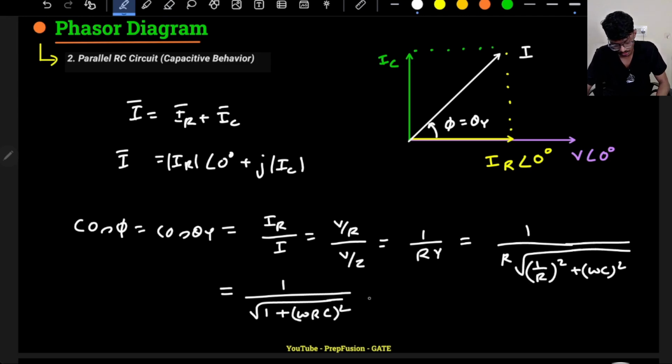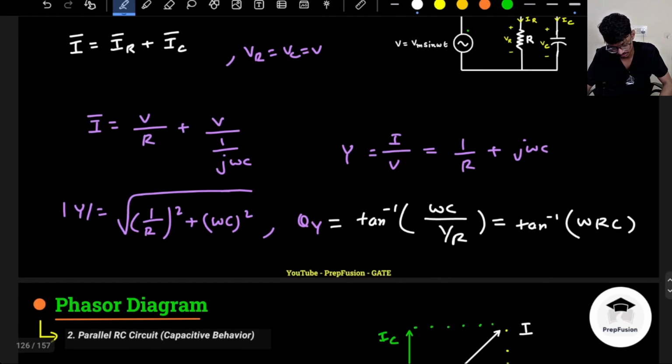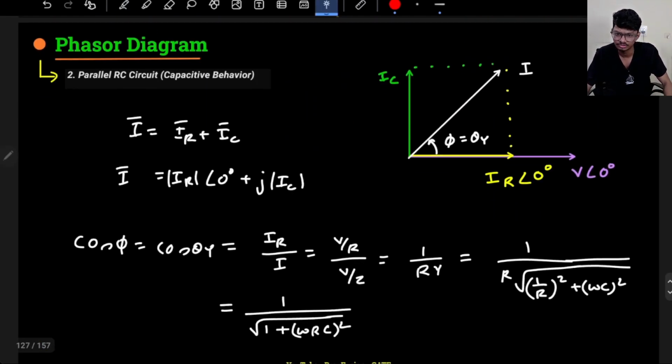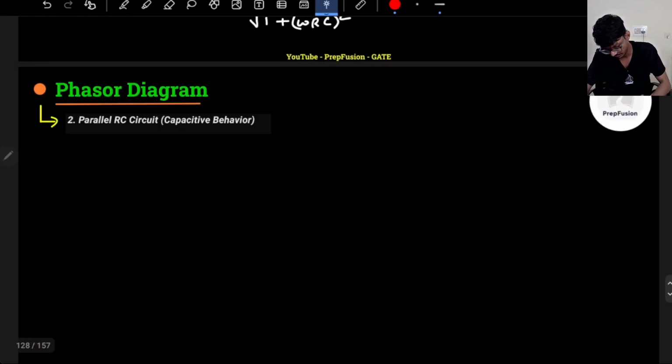So this is my power factor, and of course your admittance angle also you can calculate using the same formula. Whichever one is suitable to you, you can use. The analysis is the same, nothing different.